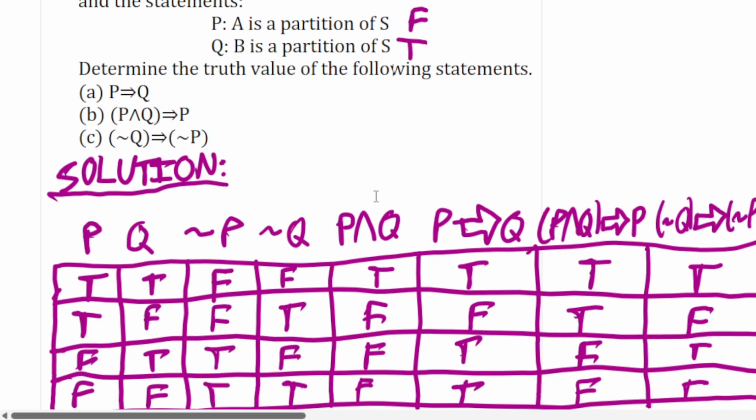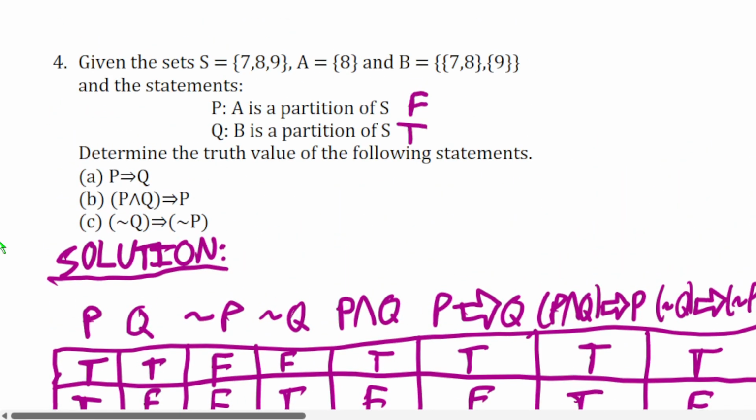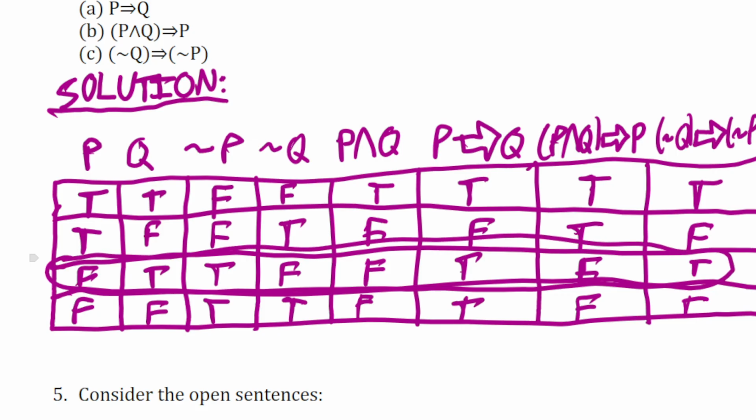So we need to look here on the truth table, and we are at where P is false and Q is true. So we are here in this third column. So P implies Q at this specific statement has a truth value that's true. P conjunction Q implies P has a value that's false. And not Q implies not P has a value that's true.